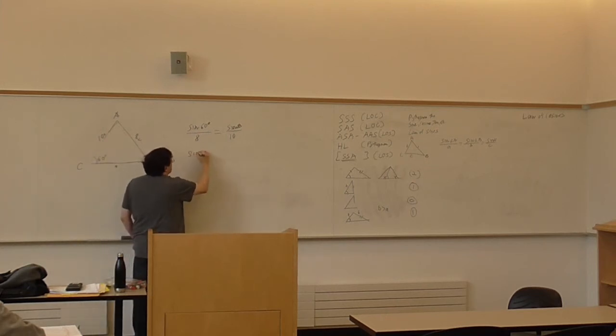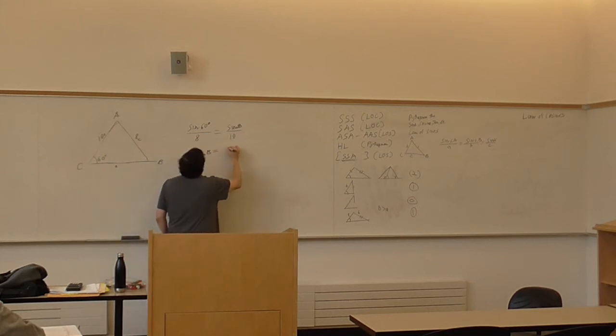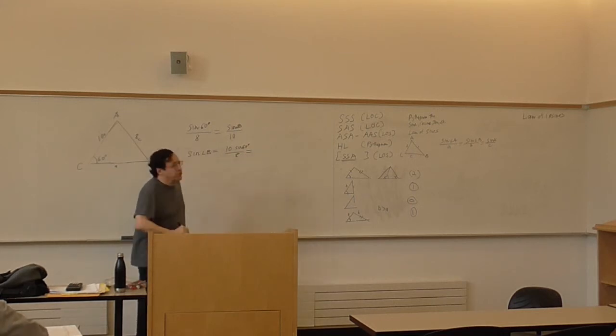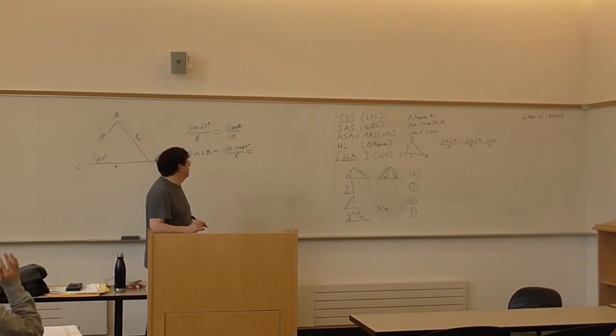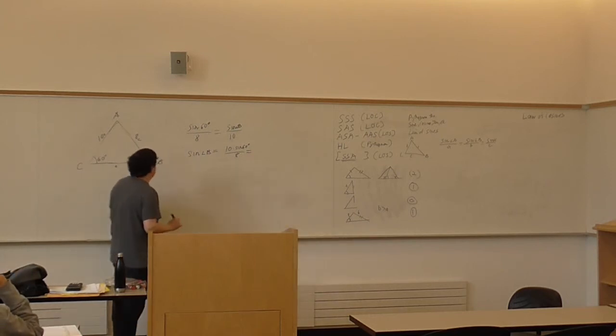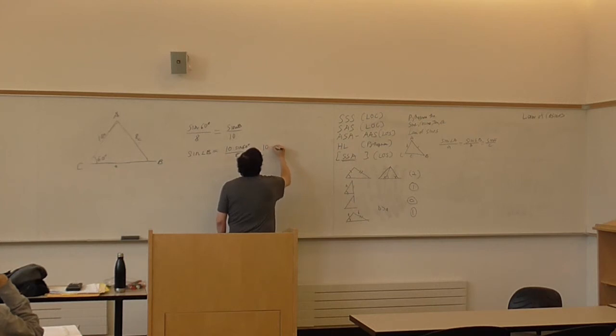So the sine of angle B will equal 10 times the sine of 60 degrees over 8. We all know the sine of 60 degrees, don't we? We all can figure it out, can't we? What's the sine of 60 degrees? Yeah. 10 times the square root of 3 over 2 over 8.